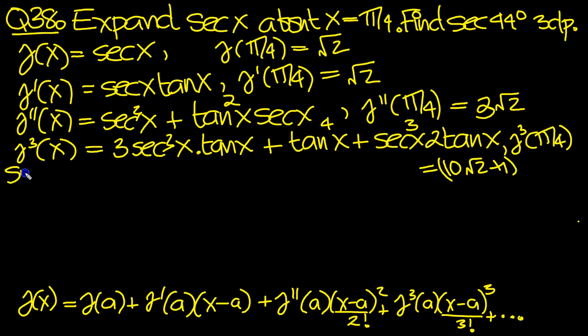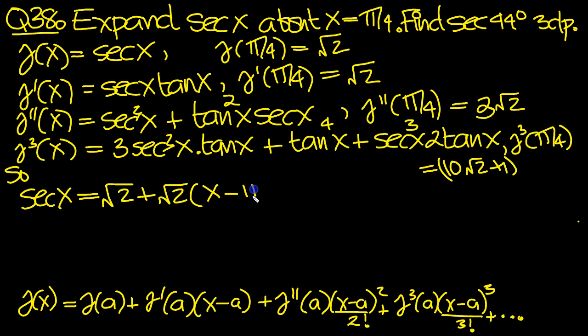So our f of x, which is sec x, is equal to f of a, which is pi over 4. So f of pi over 4 is root 2. Plus f dashed, which is root 2, times x minus pi over 4, the a is pi over 4, isn't it?